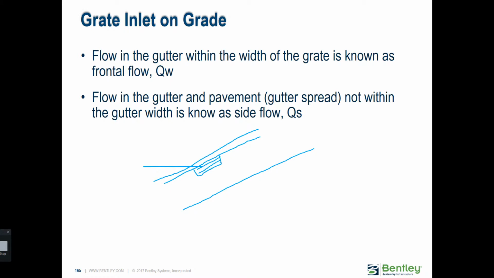So the flow that is within the width of the grate, the flow that goes up to here, is called the frontal flow. And anything beyond that is called side flow. So this would be QW. And if the flow spreads, it'd be QS, so side flow.